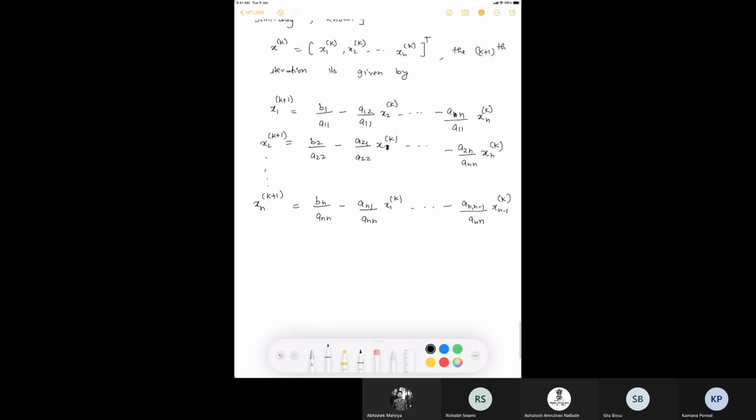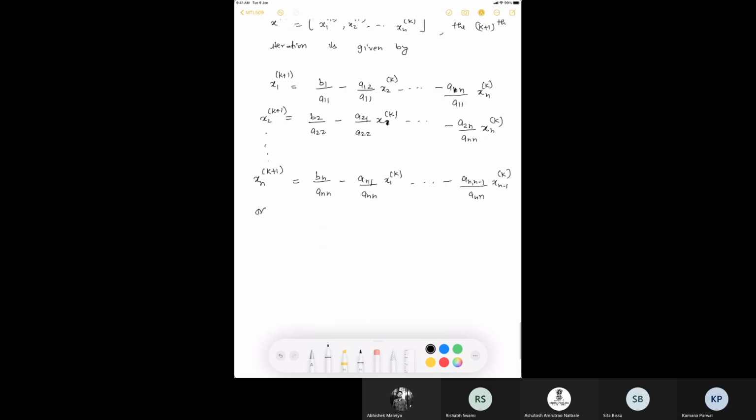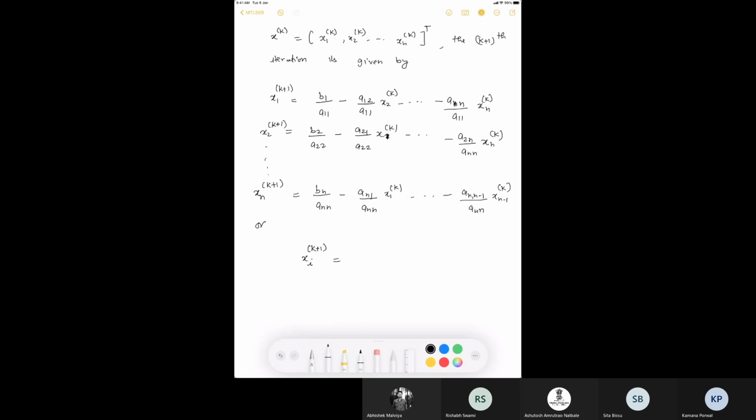Okay, or if I want to write it in short form, we can use summations. So if I want to write the ith component of the k plus 1th iteration, you can see that in x1 you have a11 in the denominator of each term, right? So in x2 you have a22 in the denominator of each term.